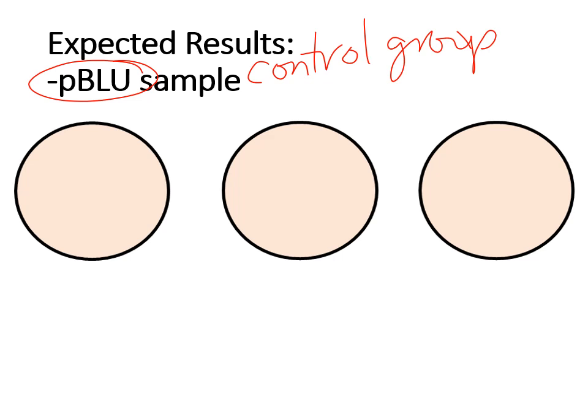So when we do this experiment, we have 3 plates for our control group. We have the LB plate, we have the LB amp plate, so it has ampicillin, and we have the LB amp XGAL plate.